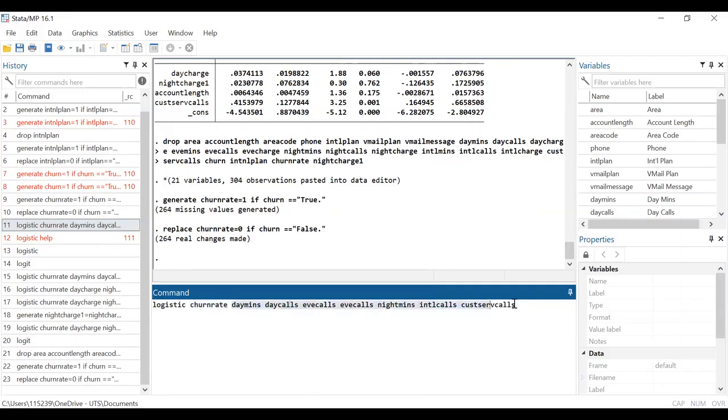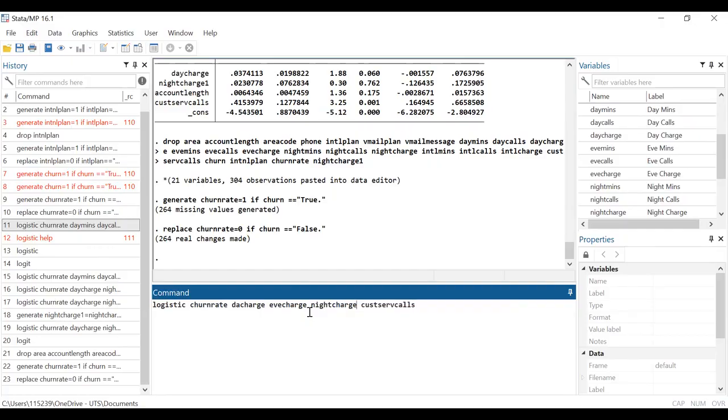Now let's remove all of these and just put the variables that you are expecting to influence churn. One of them is the price, so let's put day charge. And then let's put evening charge, another variable. And then there is the night charge.